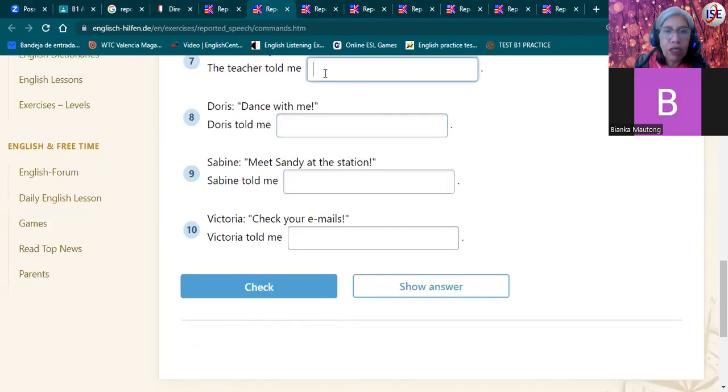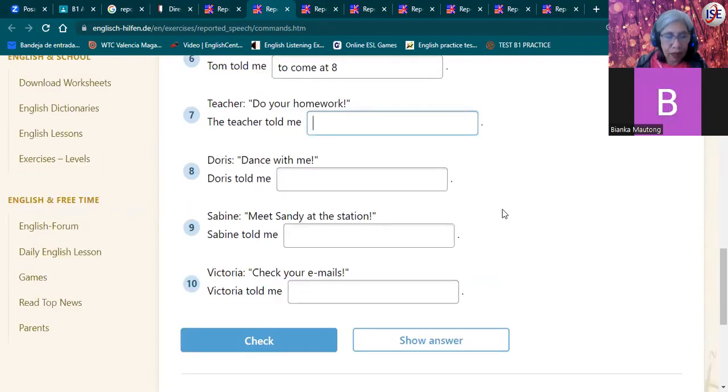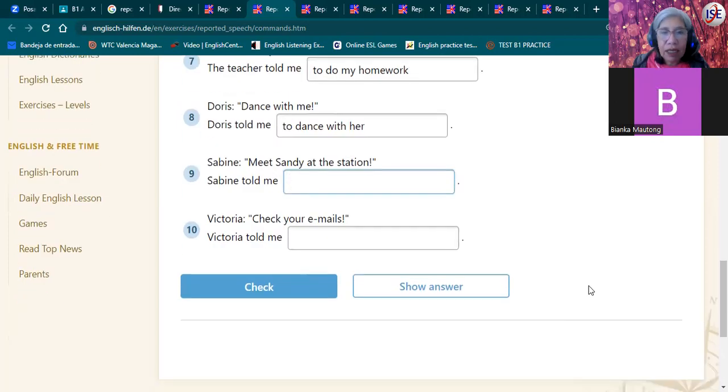Do your homework. The teacher told me to do my homework. Doris, dance with me. Doris told me to dance with her. Sabine, meet Sandy at the station.